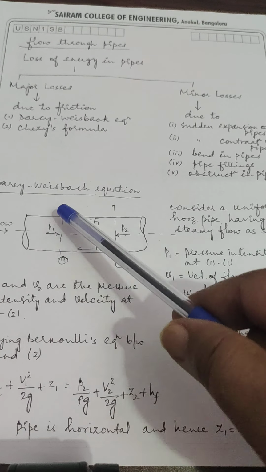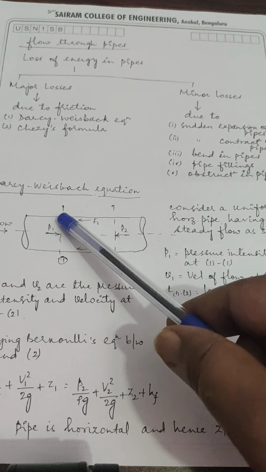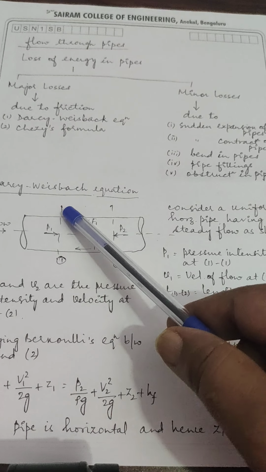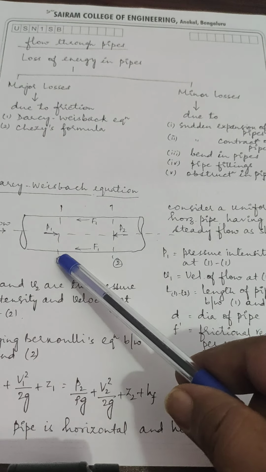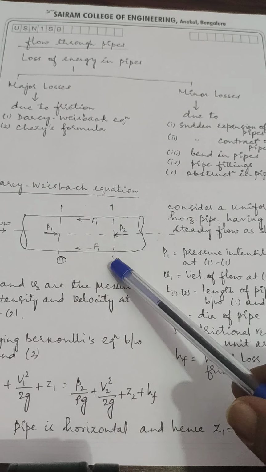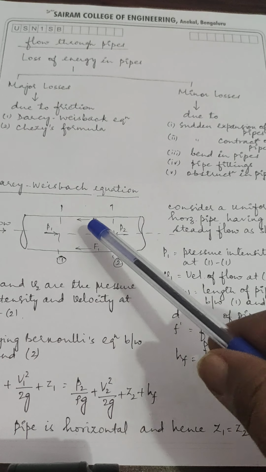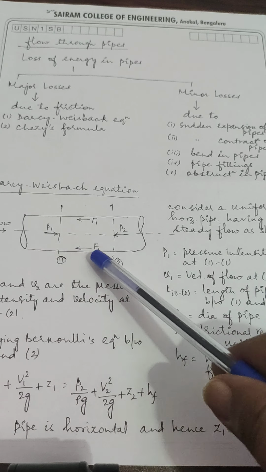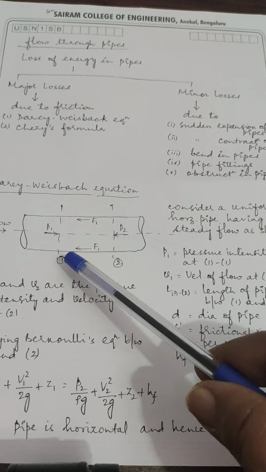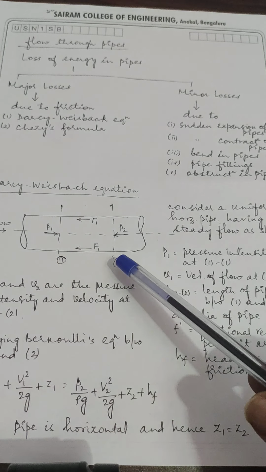So here the depth is nothing but the diameter d and the length is taken as L. So the total wetted perimeter, in the sense I am considering the perimeter from section 1 to section 2.